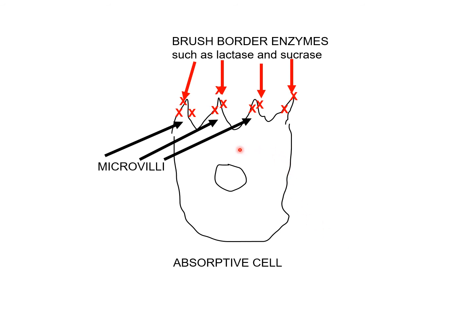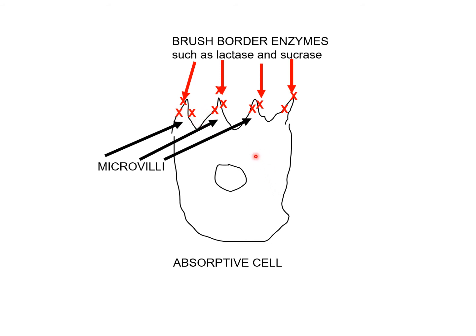So here's an absorptive cell with the microvilli, these black spikes here, and if we take a closer look, we would see digestive enzymes not swimming in the chyme over the absorptive cell, but some digestive enzymes are stuck on the surface. These red X's represent digestive enzymes.